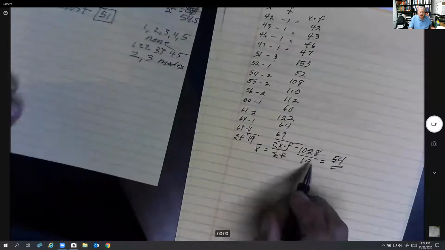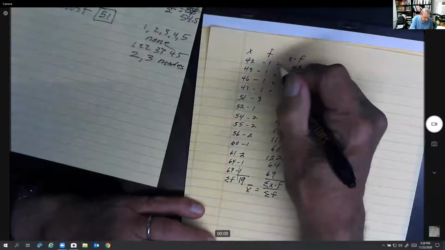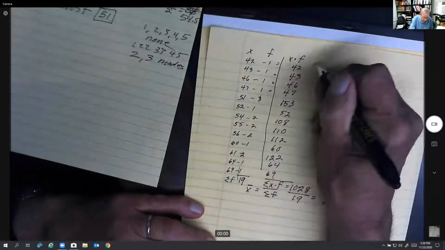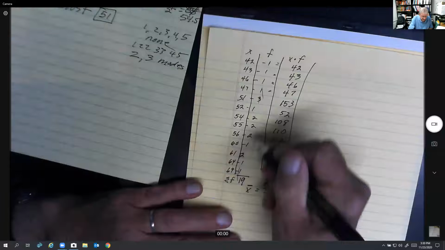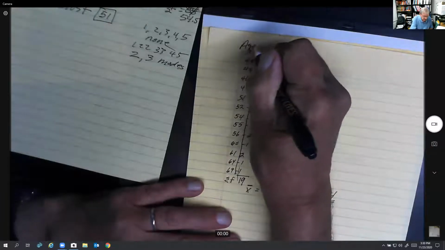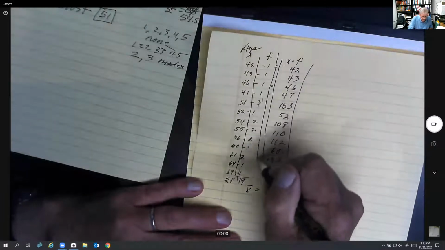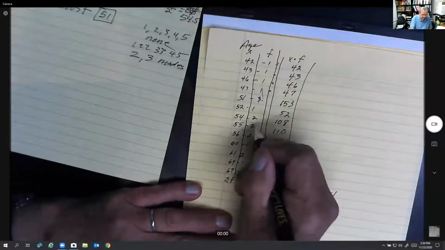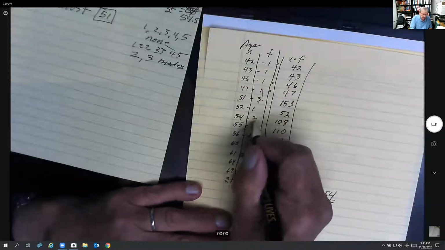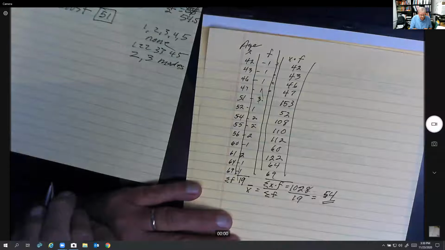Okay, so another way of doing this is called a frequency table. This is the number, the item, whatever it is, the age. That's your x factor. f is the frequency, the number of presidents that had that, 3 presidents, 2 presidents. When they were elected, 2 presidents of 55.